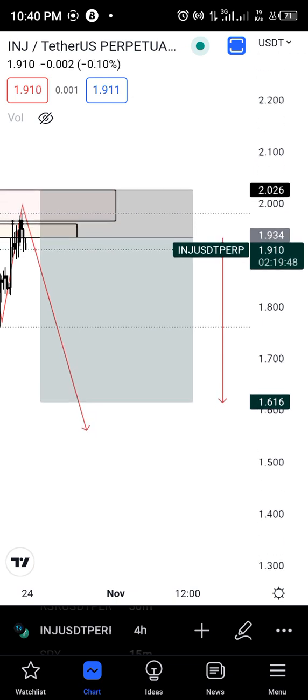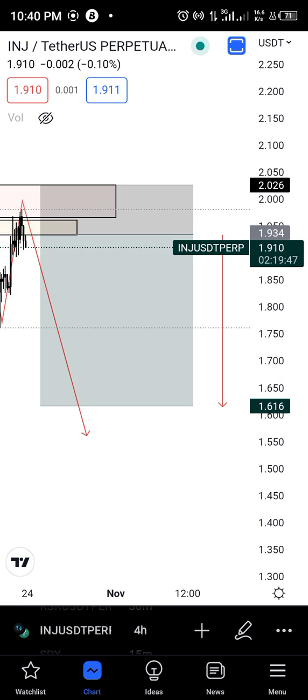If you look at this price line where you would see 2.026, 1.934, and 1.616, those are very important numbers. The gray one, the one that has 1.934, is the entry. That is the entry price.